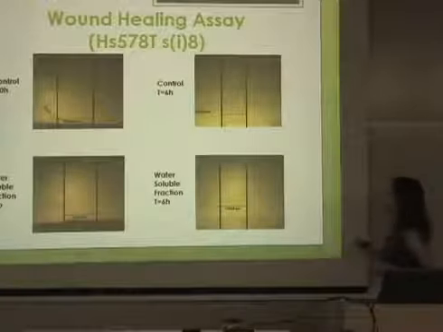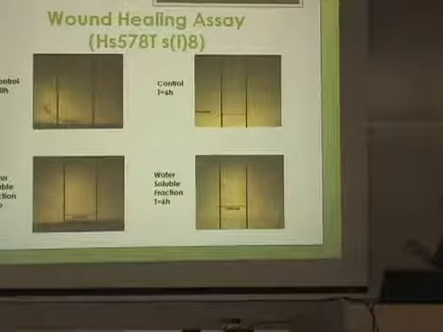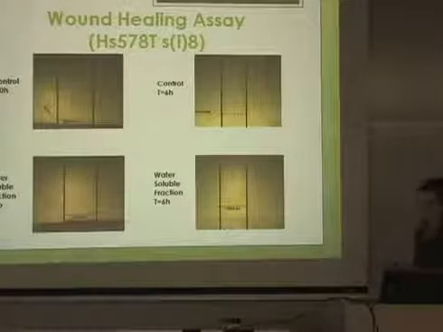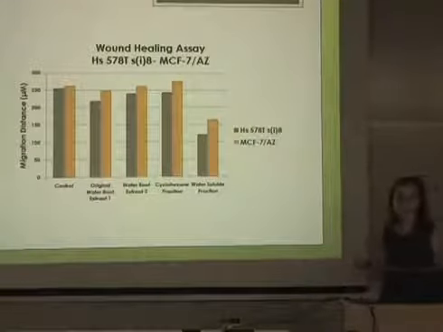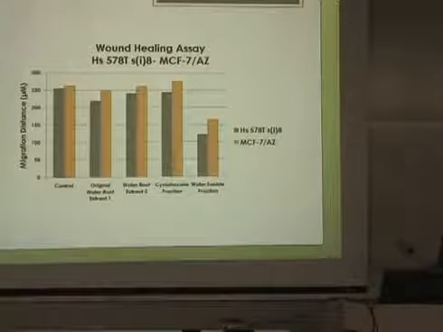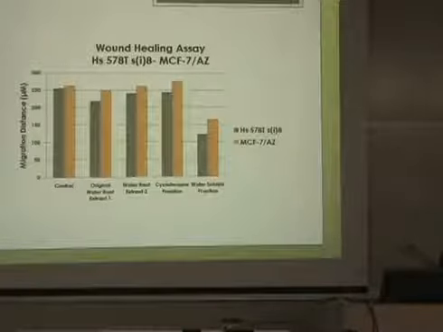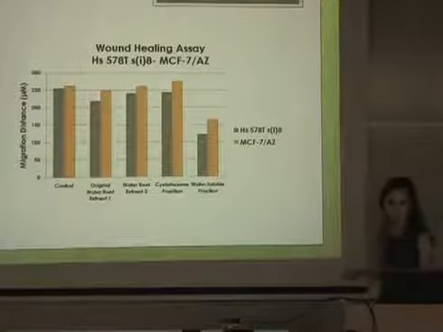When you see the water-soluble fraction after 6 hours, you can see that it actually migrated less than our control. You can see these results in this graph. As you can see, none of the other extracts or fractions did anything in the migration except the water-soluble fraction.